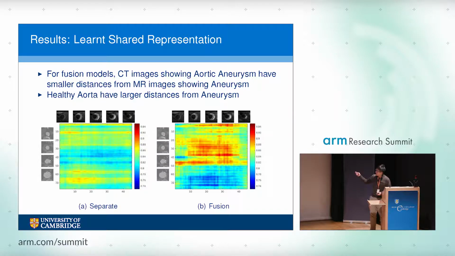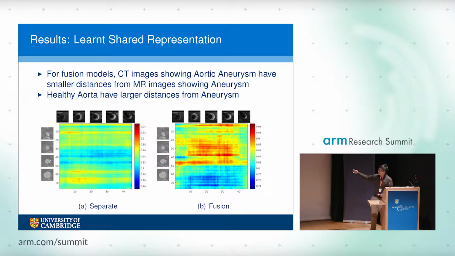The CT image actually shows a smaller distance from the MR image showing the same aneurysm condition. You can see that this relatively blue area is basically where the aneurysm, looked at from the CT perspective, is similar to the image looked at from the MR perspective.